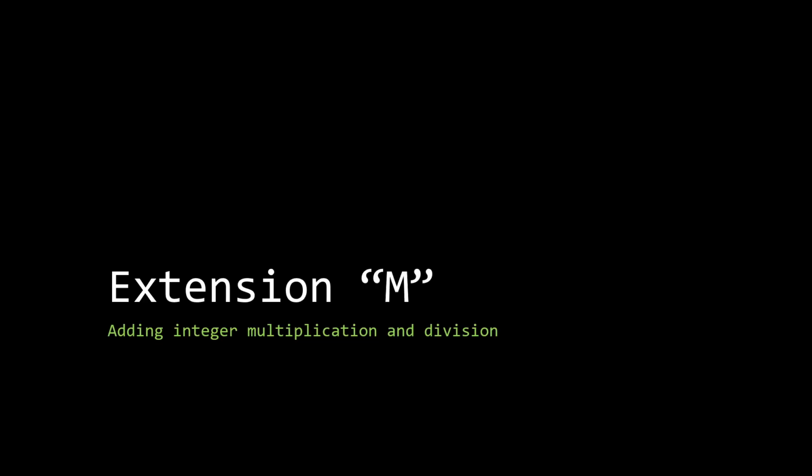With that said, extension M is the standard integer multiplication and division extension. It handles XLEN by XLEN computations, where XLEN is the bit size of a register. So if it's a 32-bit machine, it would be 32-bit by 32-bit operations. If it's a 64-bit machine, it would be 64 by 64-bit operations.